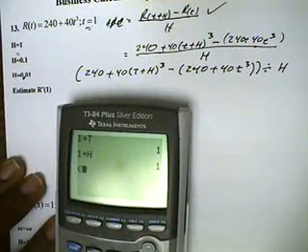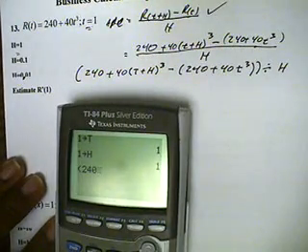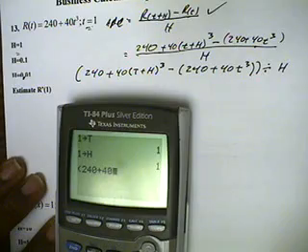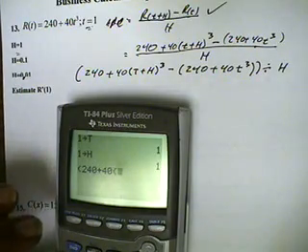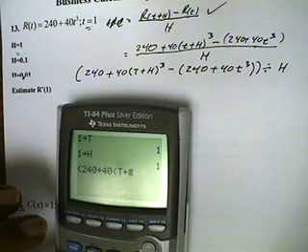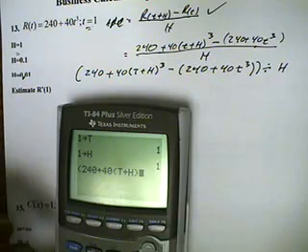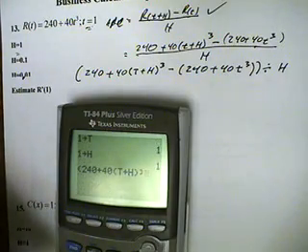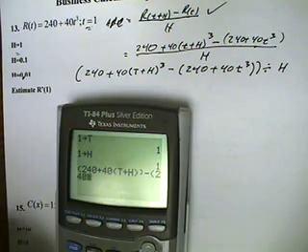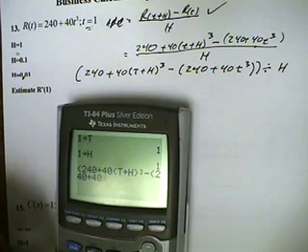So open parenthesis, 240 plus 40, open parenthesis, alpha t plus alpha h, close parenthesis. Now I need a cube, so I'll go to my math button for the cube, and then subtract, open parenthesis, 240 plus 40, and then alpha t again.